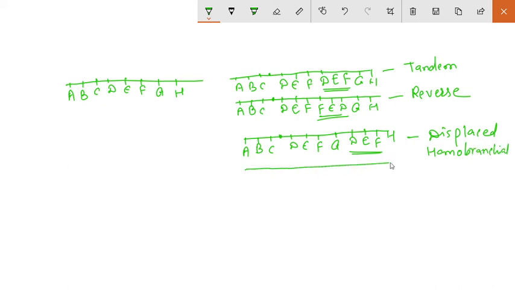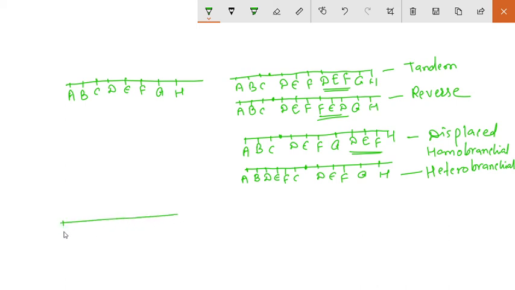And when this duplicated segment is at another side of the centromere, it is known as the heterobranchial displaced duplication. Then transposed duplication, it is in between the two non-homologous chromosomes.